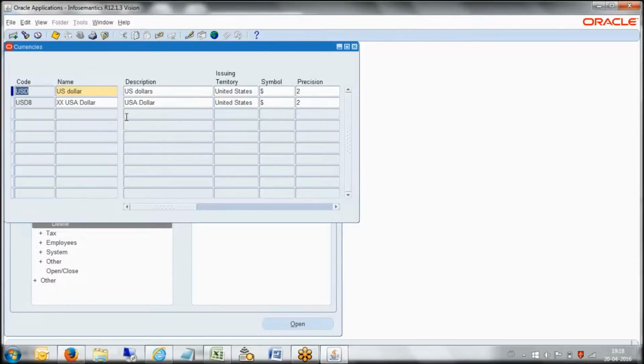The question is about the precision. Once you define a precision of 2, and let's say the business comes back with reconciliation issues, rounding up, rounding down, can we increase the precision from 2 to 3? Not any time. Once you have recorded even a single transaction, you should not change it.